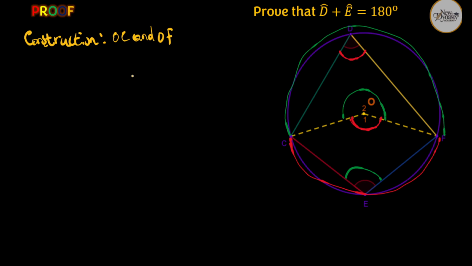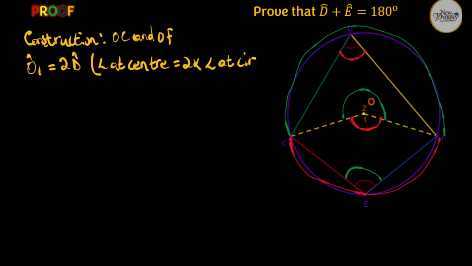So let us go on and use this. So we said that angle O1 equals twice angle D. What is the reason? Angle at center equals 2 times angle at circumference.